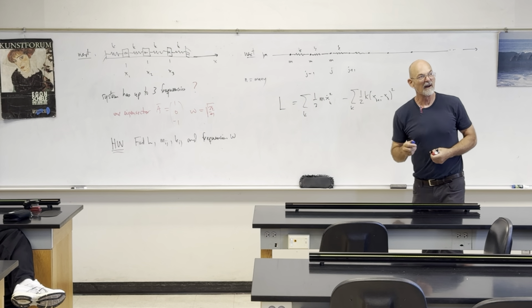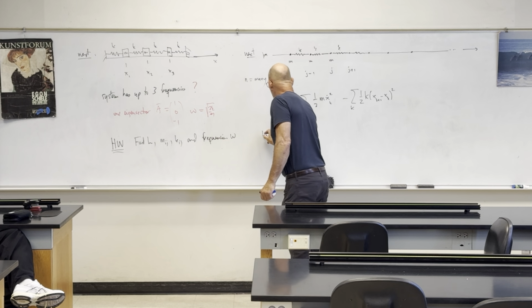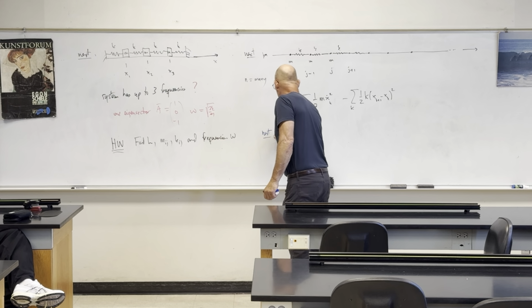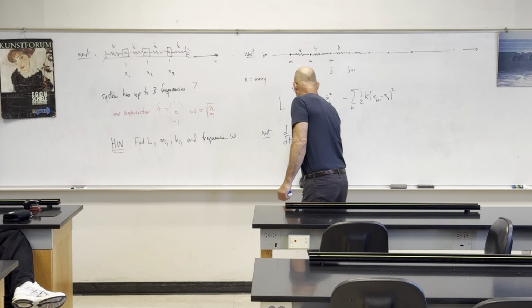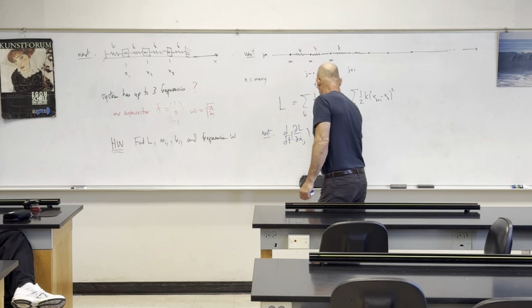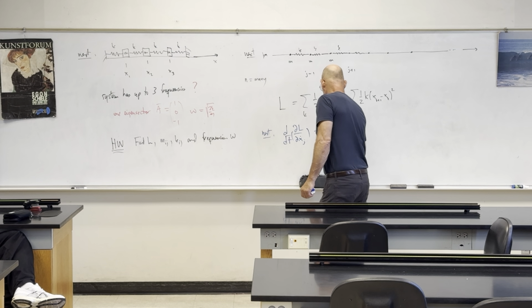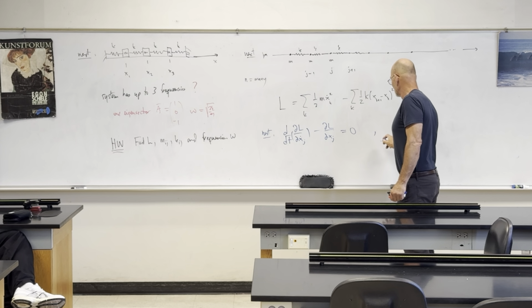So this is where I'm going to leave us. What we're going to do next time, this is a great calculation, we're going to write down the Euler-Lagrange equations, d/dt of dL/dxj dot minus dL/dxj equals 0 for all j.